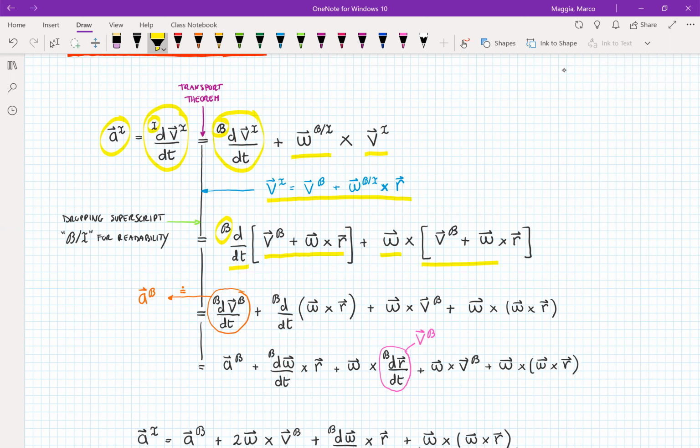Now, once again, the expression of the inertial velocity is the non-inertial velocity VB plus omega cross product R. Here I've dropped the superscript B relative to I, but it is understood that when we're talking about this angular velocity, we're really talking about omega B slash I.